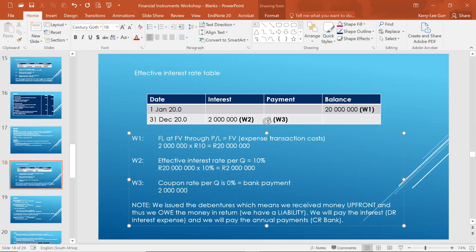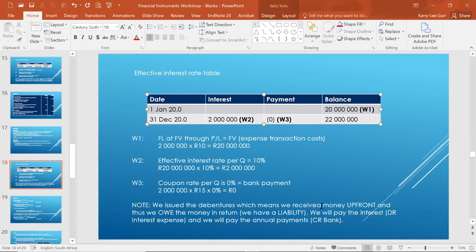So just for the purposes of completeness, our payments will be 0 Rand annually. You wouldn't have to put this in, but I'm putting it in because I think it makes it complete and I don't want anyone to get confused.